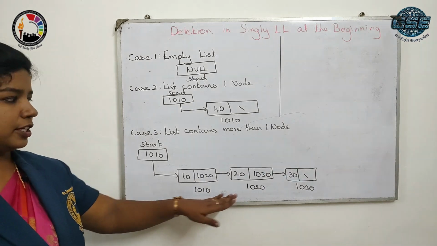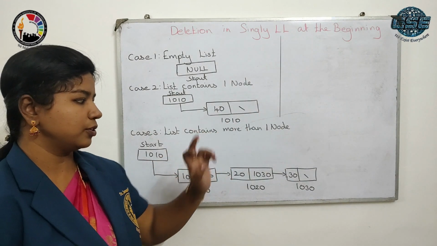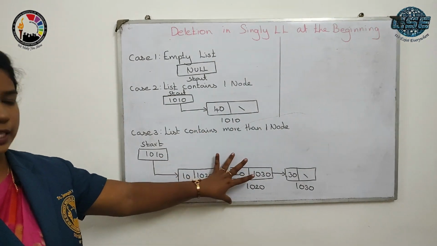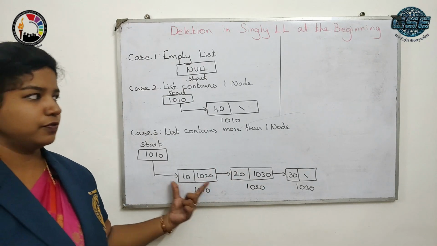So this is the representation of a list that contains more than one node. From this linked list, we are going to delete the first node.